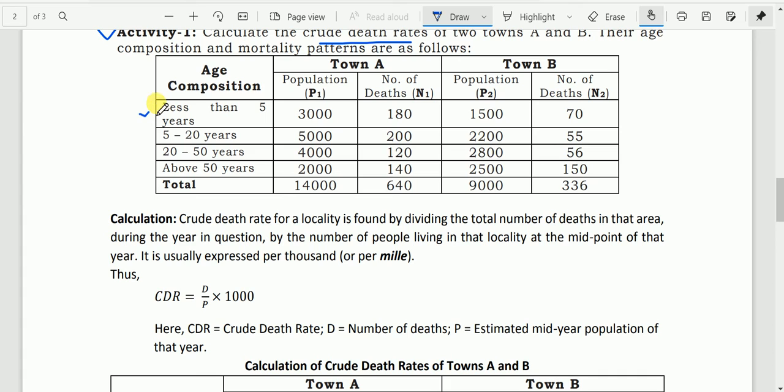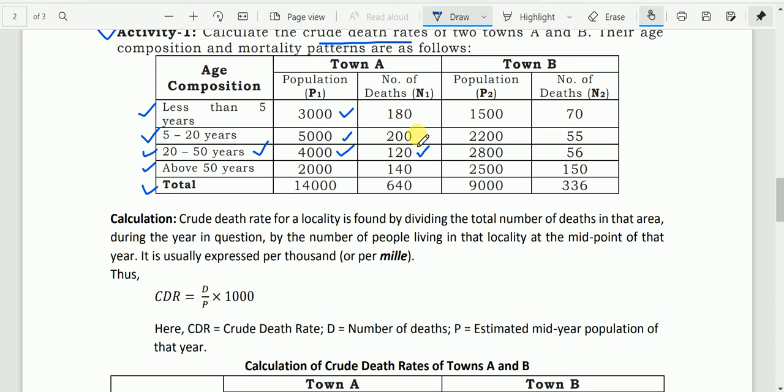These are the different age groups, and this is the total value. This is the mid-year population of the particular age group. For example, the population of the age group 20 to 50 years is 4,000, and the number of deaths is 120.